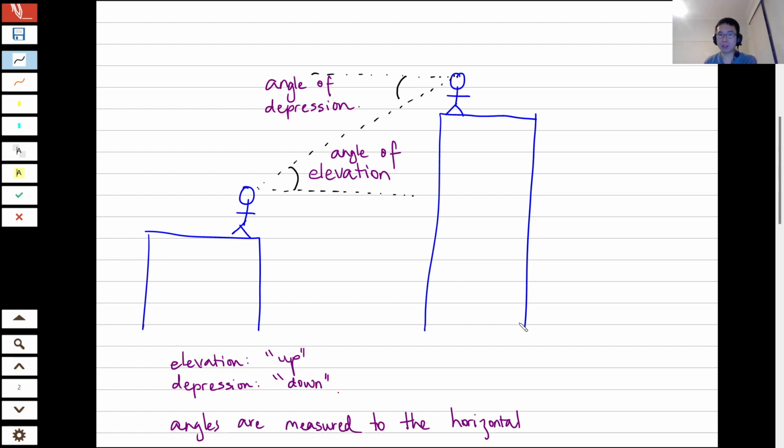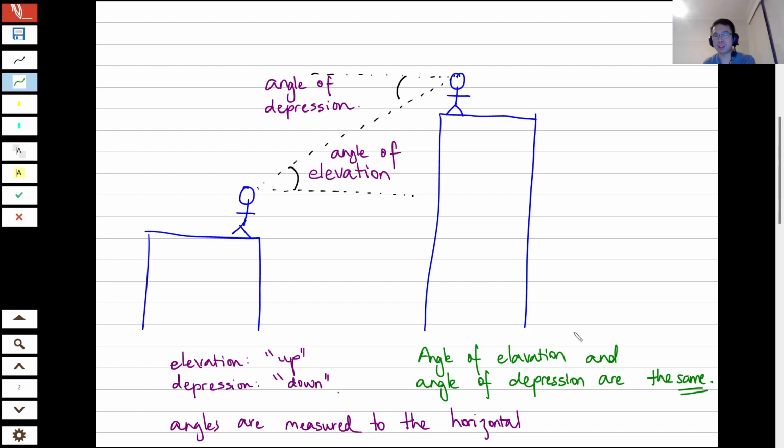One more thing I want to say before we do an example is that the angle of elevation and angle of depression in this diagram are the same. And this might surprise you.